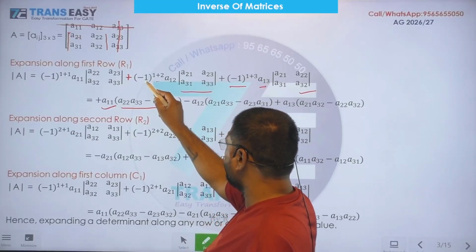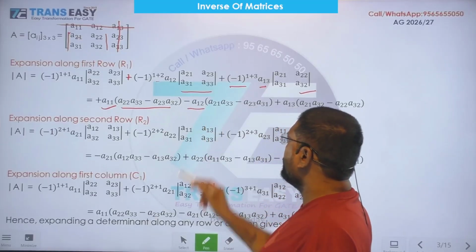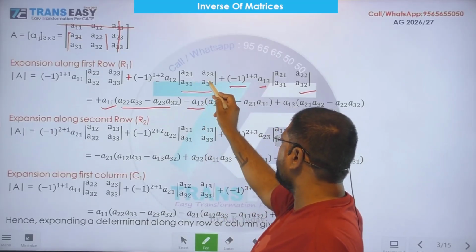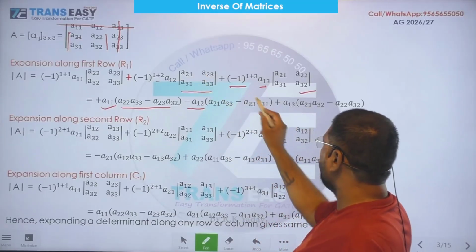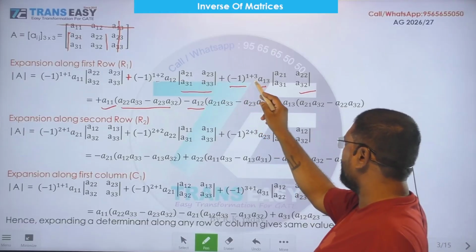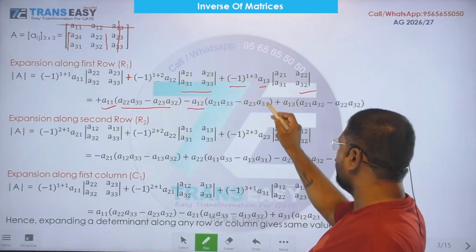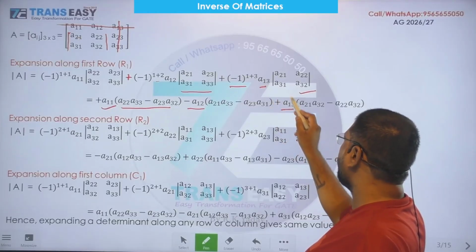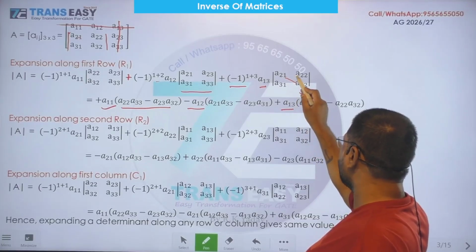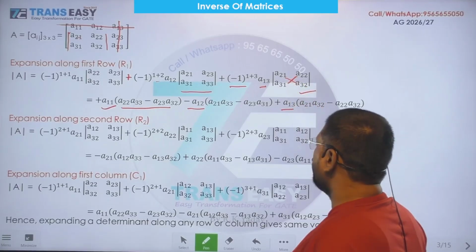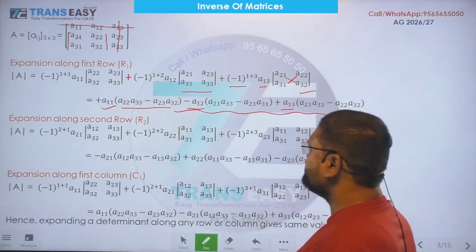This is minus 1 into A12 times A21 A33 minus A23 A31, plus minus 1 raised to the power 4, it is plus 1 into A13. So plus A13 times A21 into A32 minus A22 into A31. So this is the value of determinant.